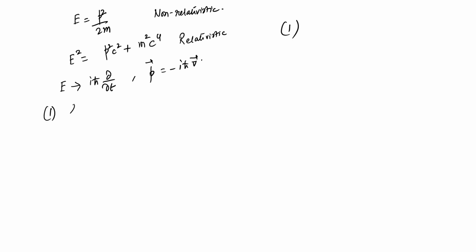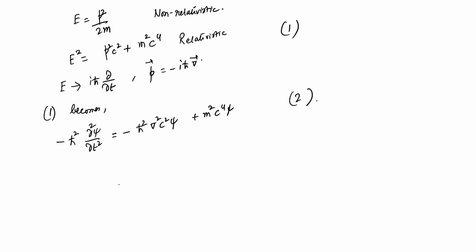becomes minus h cross square del2 psi/del t2 equal to minus h cross square del square c square psi plus m square c4 psi, and let us call this equation 2.